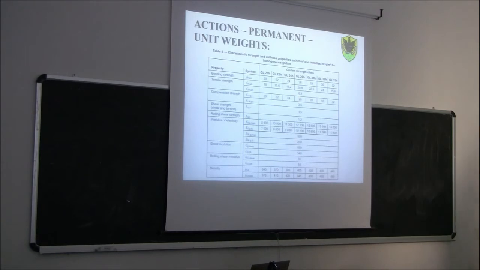Which strength? Because you said there are several strengths, not like for concrete, where it is always compression strength. In this case, for timber, what is this 28? The characteristic strength. Okay? And then this H, what does it mean? Homogeneous. Because the beam may be homogeneous, or, which is the other option, combined.